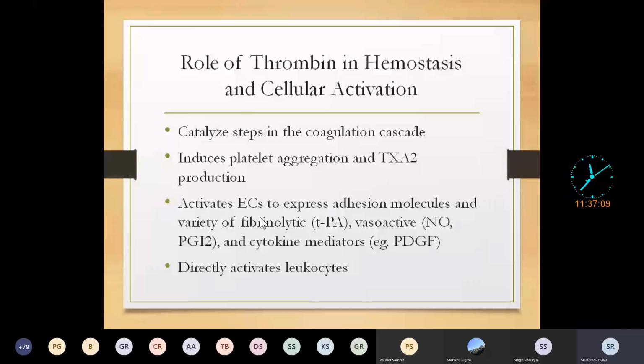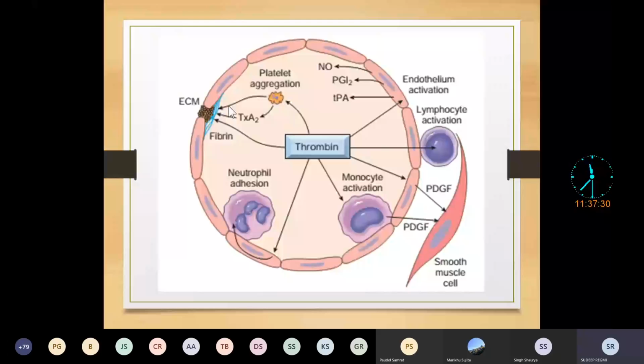Okay, like fibrinolytic is tissue plasminogen activator. Vasoactive means nitric oxide and prostacyclin, and cytokine mediators like platelet-derived growth factors, and they also directly activate leukocytes. So these are all the features of thrombin, how it helps in hemostasis and cellular activation.